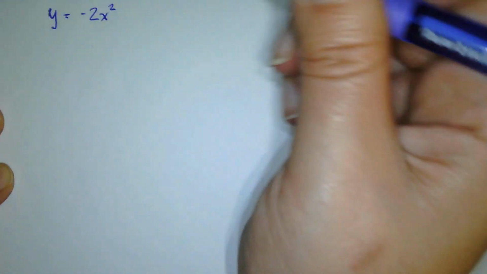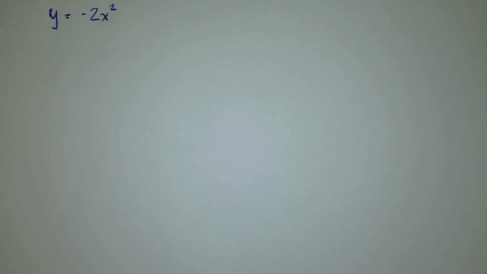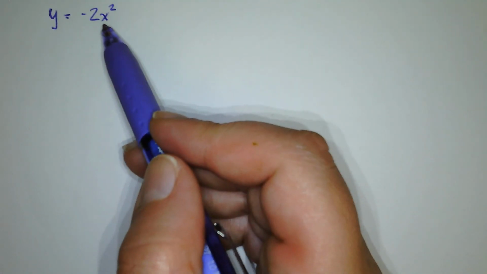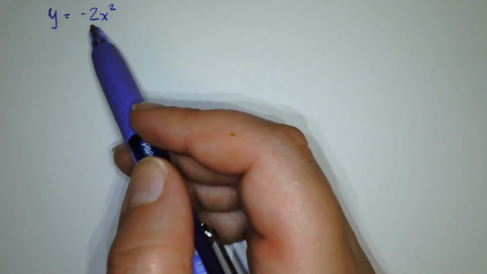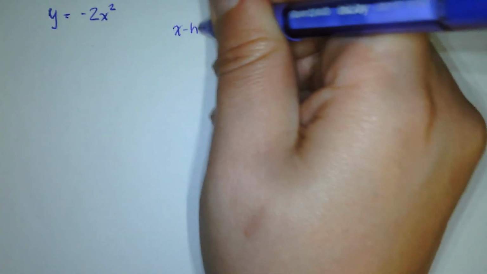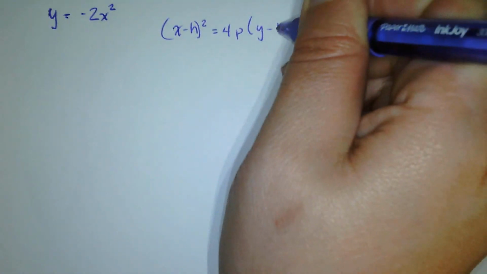Okay, so what if we have something like this? y is equal to -2x squared. I would like to put it in that form that we just had. Because the x is being squared, this is a traditional parabola, so I'm looking for this form: (x minus h) squared equals 4p times (y minus k).